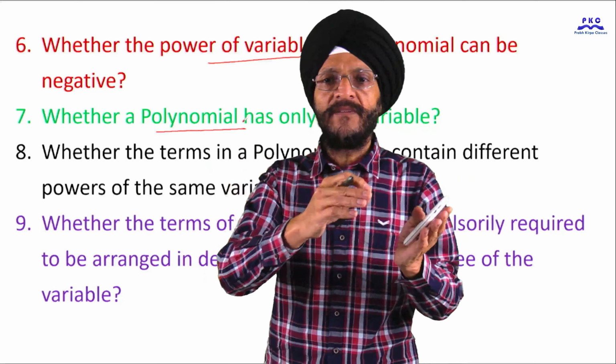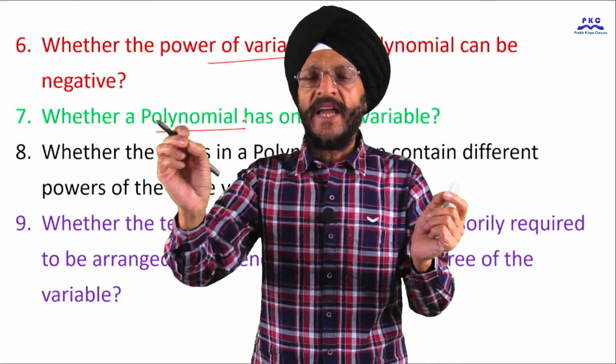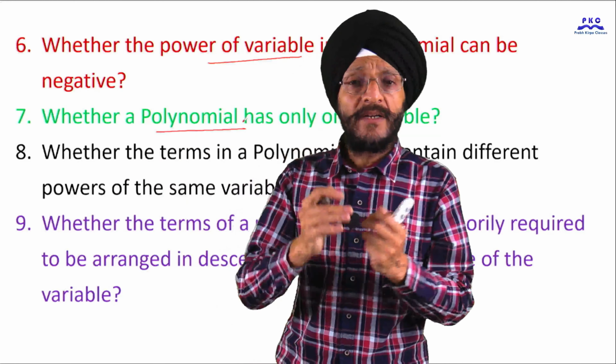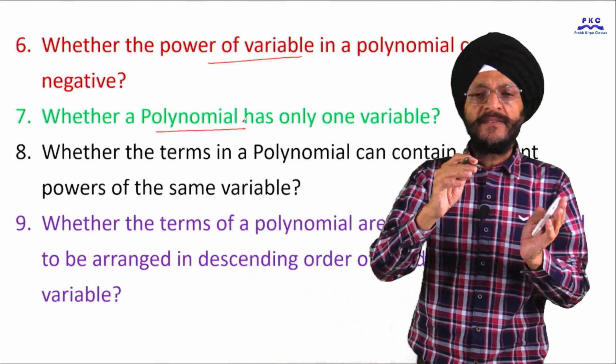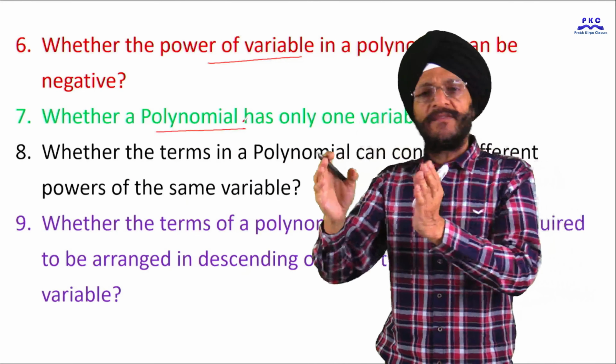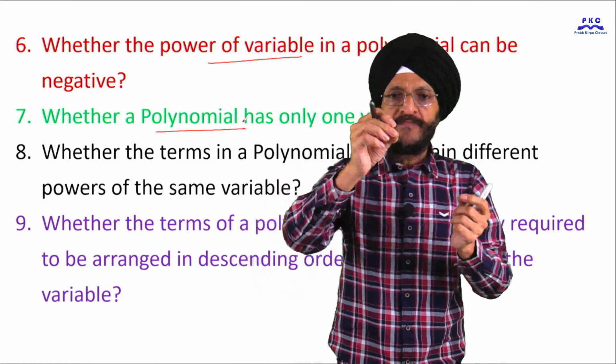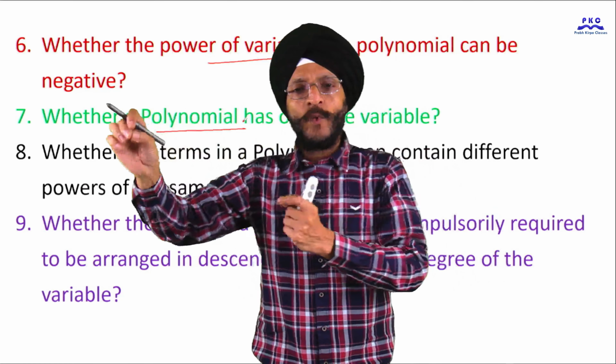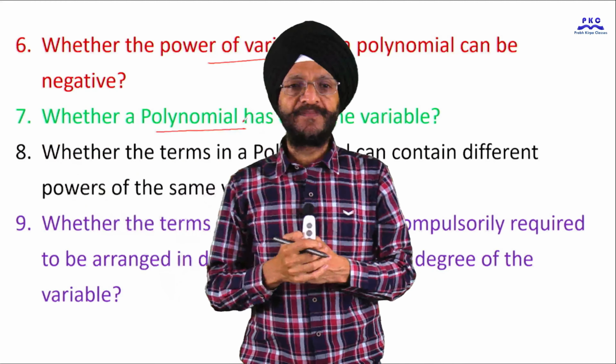That is, normally the variable may be single, that is x variable, but there are chances that the variable may be more than one, that is, the variables may be x, y, z in a single polynomial. The students will also understand that the terms in a polynomial can contain different powers of the same variable. For example, 7x square plus 2x plus y.